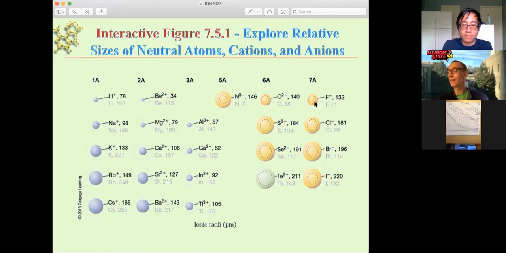That can be explained by saying, hey, if I throw an extra electron into any one of these orbitals, I'm going to have more electron-electron repulsions, and so the ions are going to be a little bit bigger because they'll be pushed away from each other, pushed away from the nucleus a little bit more. Yeah.